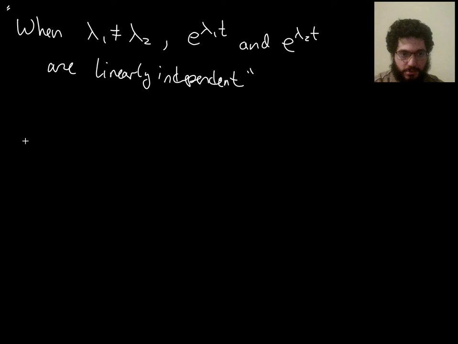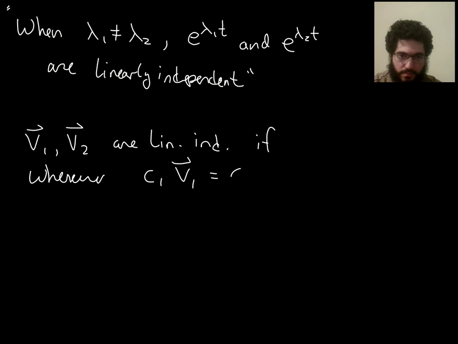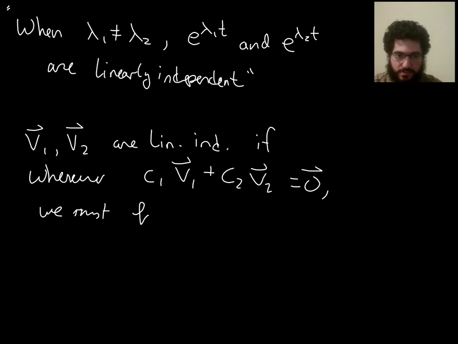Okay, so from linear algebra, two vectors, v1 and v2, are linearly independent if whenever a linear combination of them equals the zero vector, we must have that the coefficients are zero.